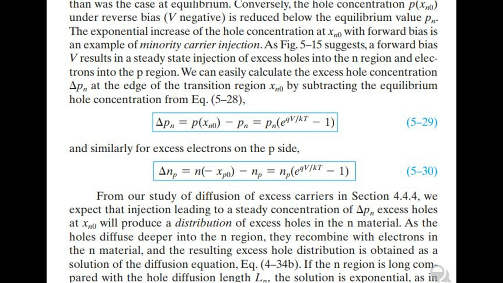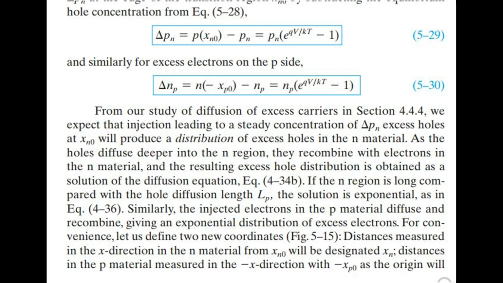From our study of diffusion of excess carriers in section 4.4.4, we expect that injection leading to a steady concentration of δpn excess holes at xn0 will produce a distribution of excess holes in the N material. As the holes diffuse deeper into the N region, they recombine with electrons in the N material, and the resulting excess hole distribution is obtained as a solution of the diffusion equation, Eq 4.34b.